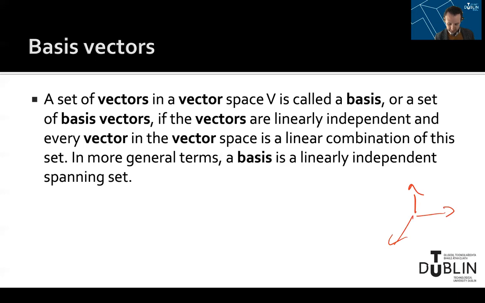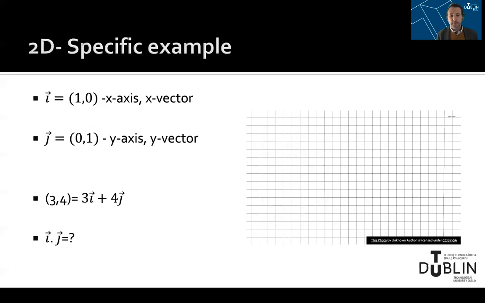They're linearly independent. Every point can be rewritten in the form of x, y, and z. So in 2D, we have our y direction and our x direction, which in vector form are i and j. Every single point can be referred to in terms of i's and j's.